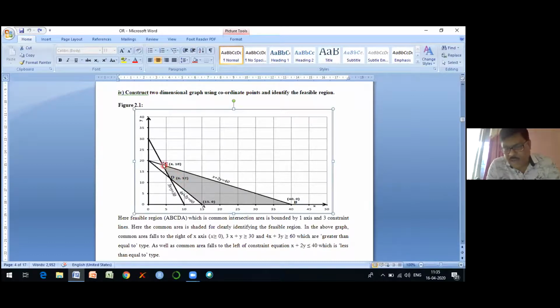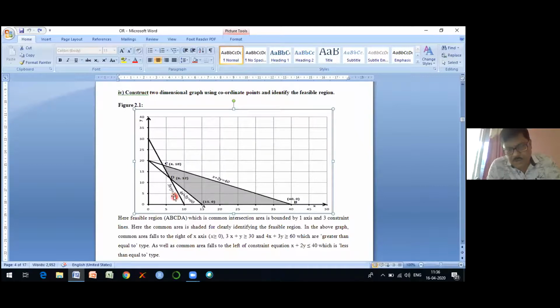Now we are getting another intersection point, this one. So here the straight line is x plus 2y equal to 40, and this straight line is 3x plus y equal to 30. So again we will solve these 2 equations, x plus 2y equal to 40 and 3x plus y equal to 30.